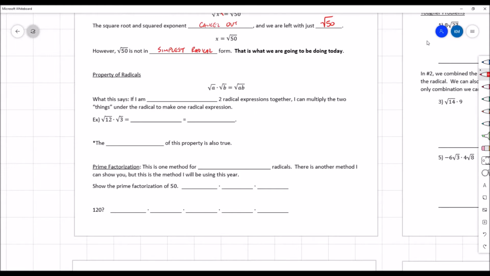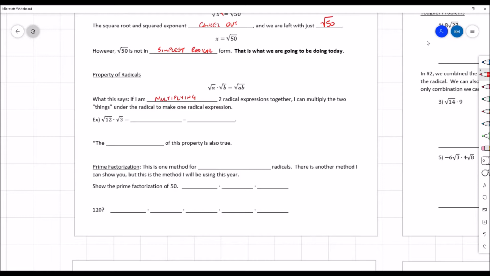Our first property says radical A times radical B equals radical AB. What this says is if I'm multiplying two radical expressions together, I can multiply the two things under the radical to make one radical expression.